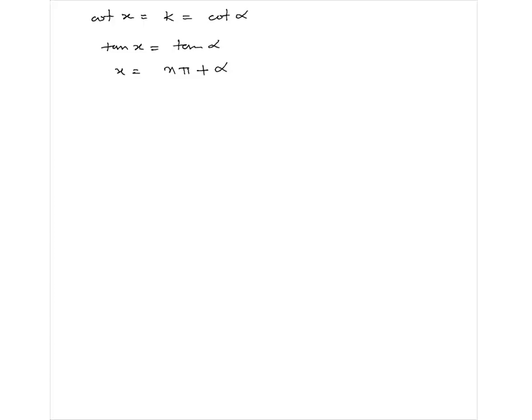We have discussed three forms: sine form, cos form, and tan form. These are standard results. When you are solving a problem, you can solve it in sine form also, cos form also, because sine can be converted to cos and vice versa.